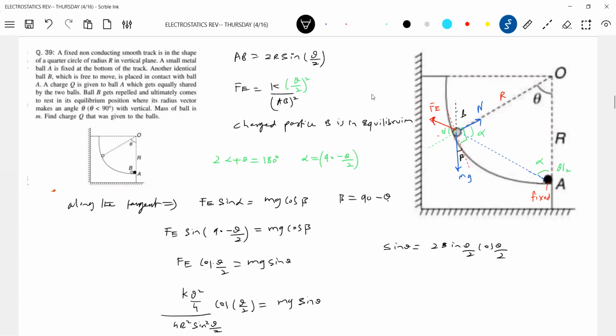Okay, can you solve this? Next step is, theta is given for us, no? So the answer should be in terms of theta. I'll write down the answer, you verify it.